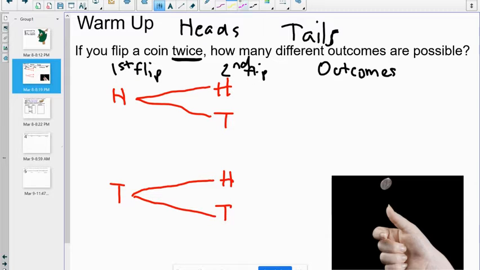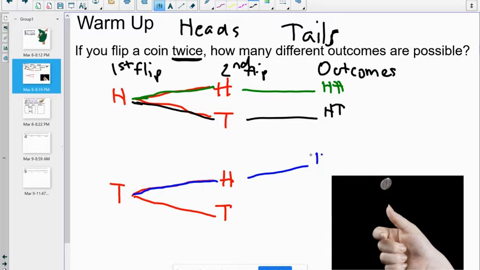Now our outcomes. This green line is referring to if you get heads first, heads second, so that's 2 heads. And then this black line here represents if we get heads first and tails second. So heads, tails. Again, if you were in class that one Friday, this should be kind of a review, so you can skip through this part if you're feeling pretty confident with it.